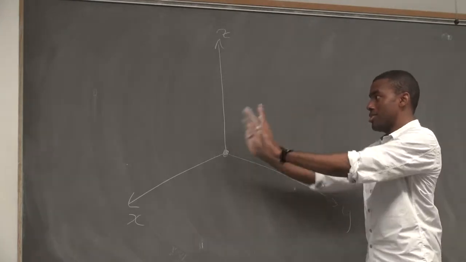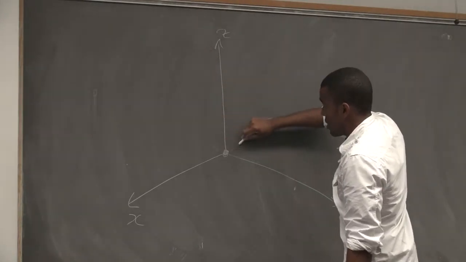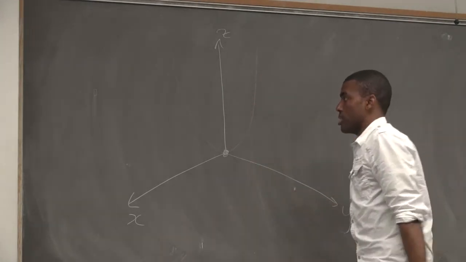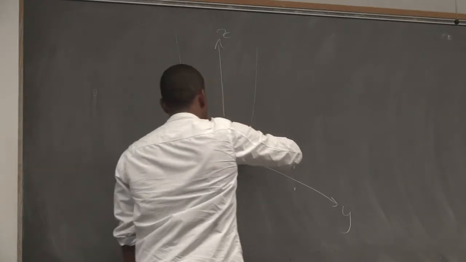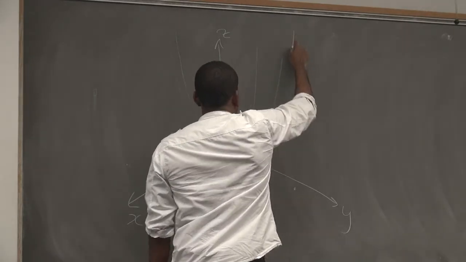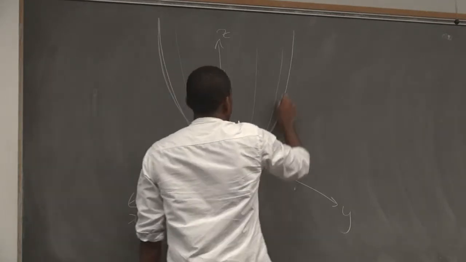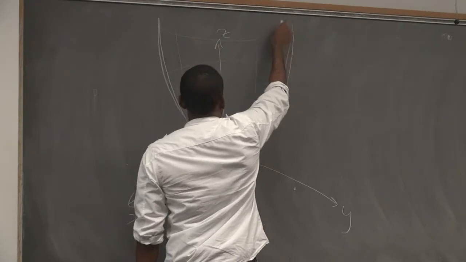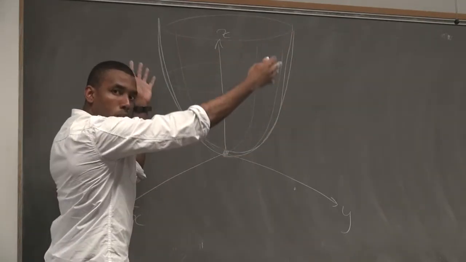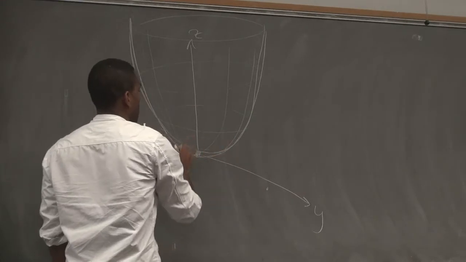In this wall, I know it's a parabola opening up. In this wall, it's also a parabola opening up. What do I have? What's called a paraboloid. Right? So it's sort of like a cup. Right? Opening up forever.